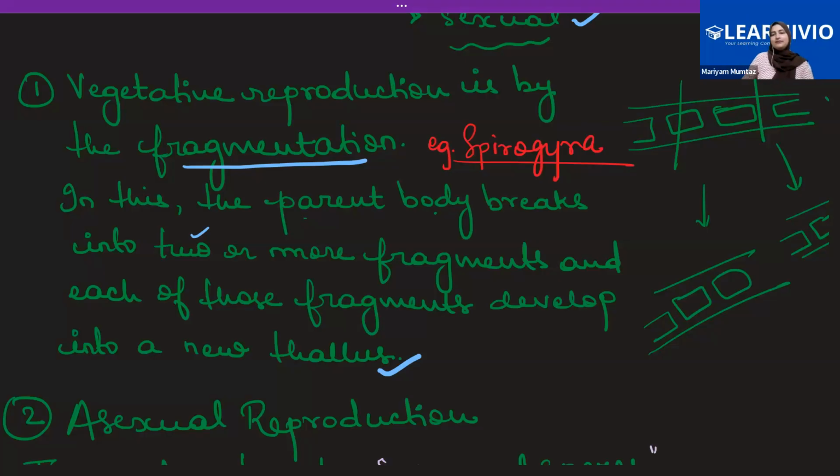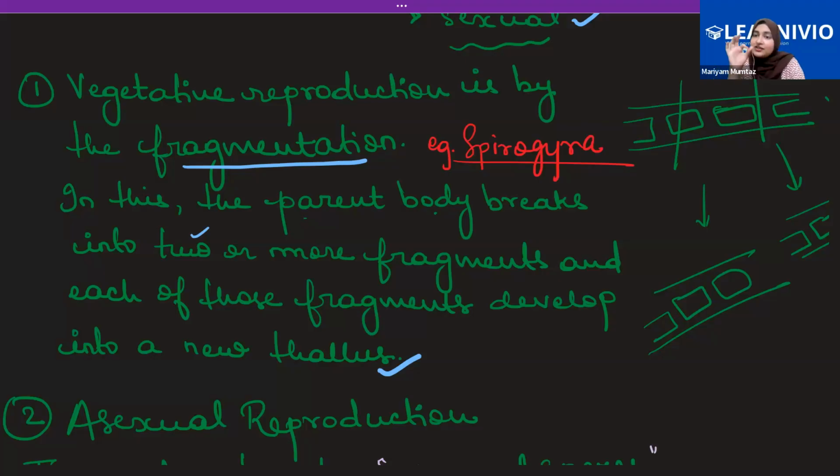See, in the Spirogyra, the fragmentation process, for example, when the Spirogyra becomes mature, then their body breaks into fragments. Each of those fragments become adult. In regeneration, it's a by chance process. By chance it got cut, then it will regenerate.